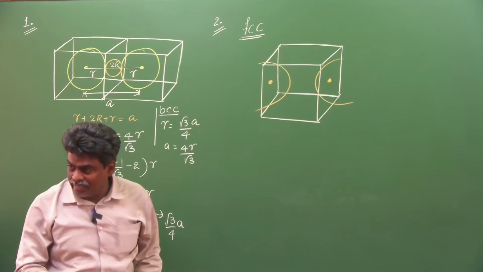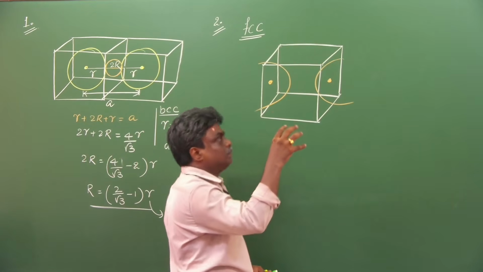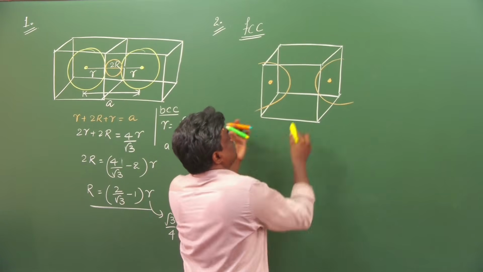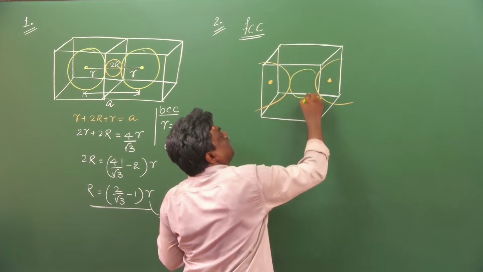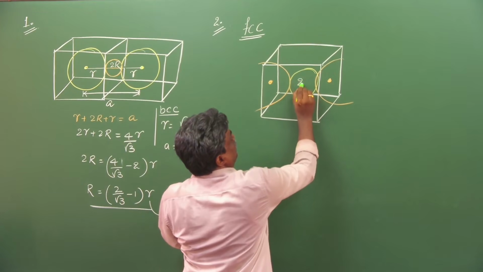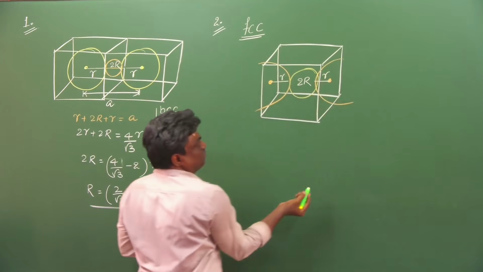He is asking the maximum possible radius that can just fit in at the body center of FCC. That's why at the body center I am taking a sphere. This sphere radius is unknown, that's why it is 2r. This radius r and this radius r, that's good.